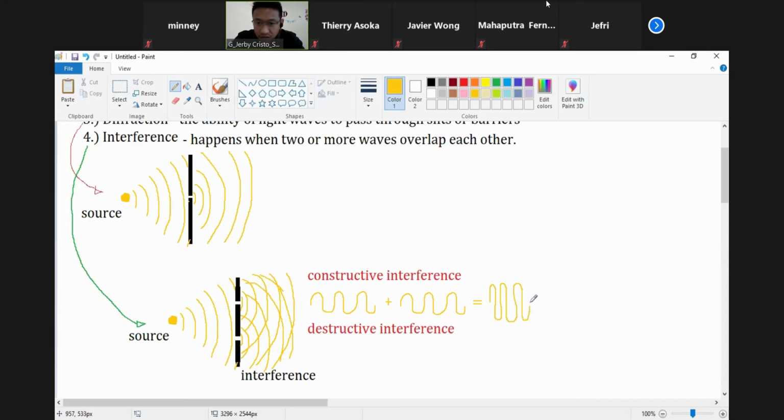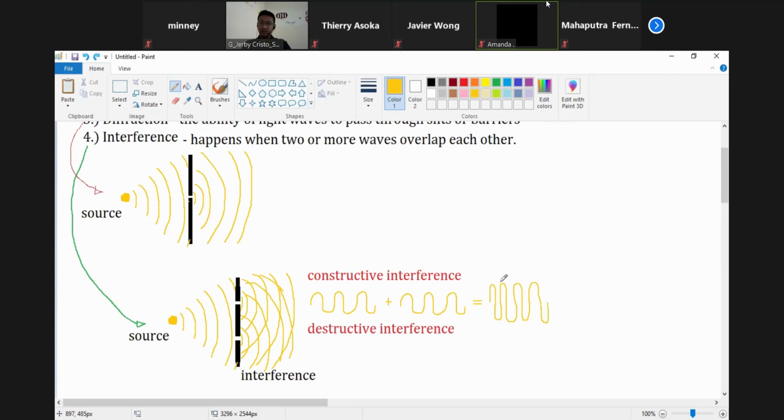Okay, so how do you describe the output of the combined waves? Longer. They become longer. Which one becomes longer? The height of the waves. Okay, or we call that amplitude. Yes, the amplitude increases.